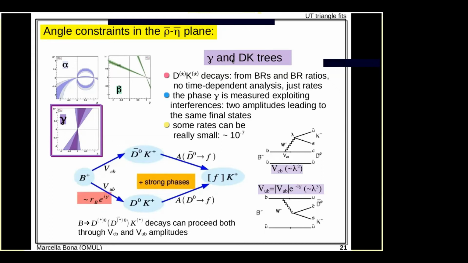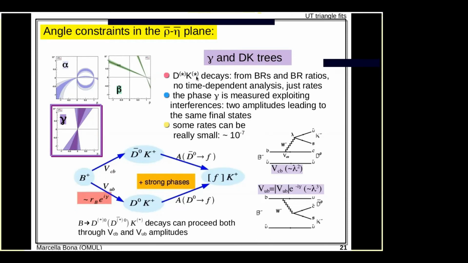So in the interference between two amplitudes that contribute to the same decay, okay? So this is, again, something that is based on a tree diagram, okay? So this is our second constraint, together with the Vub over Vcb ratio, that depends on a tree diagram. And so I'll mention this later as well. Now here you're just measuring branching ratios of B to D K decays in various forms.